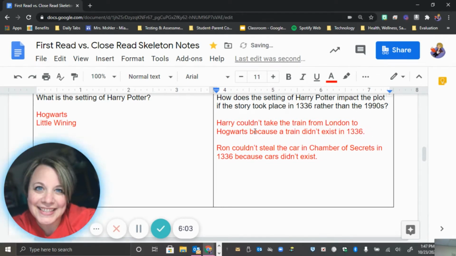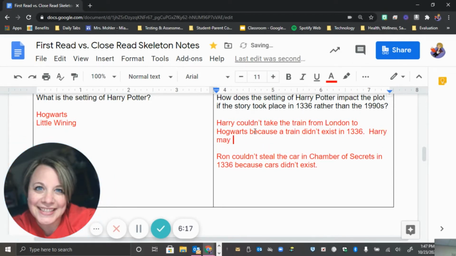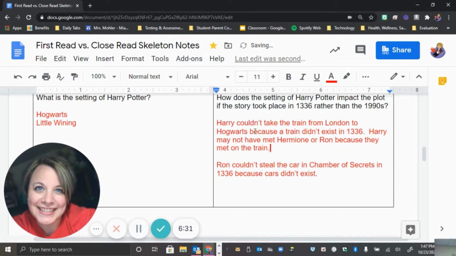So think about this. Where does Harry meet Ron and Hermione for the first time? He meets them on the train. Okay.